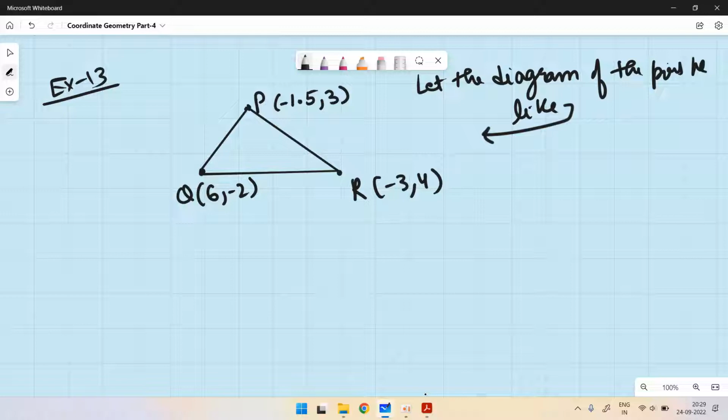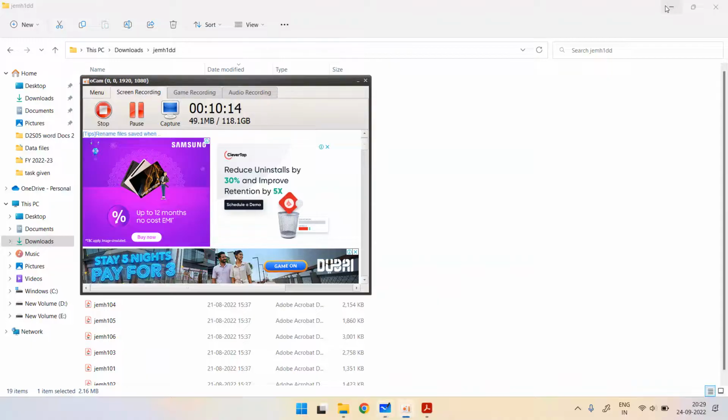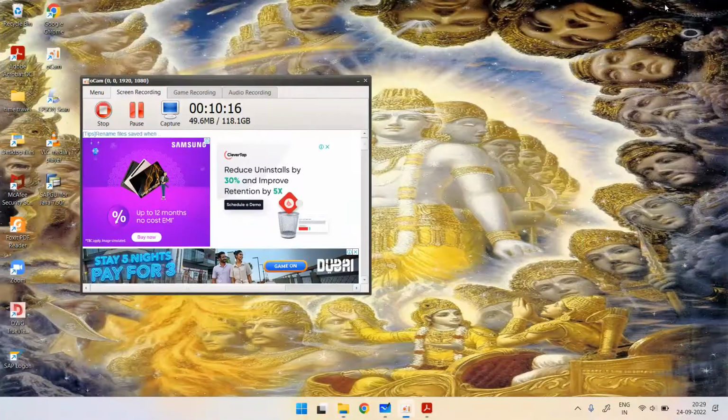So this is my triangle, and I'm assuming this is x1 y1, this is my x2 y2, and this is my x3 y3.